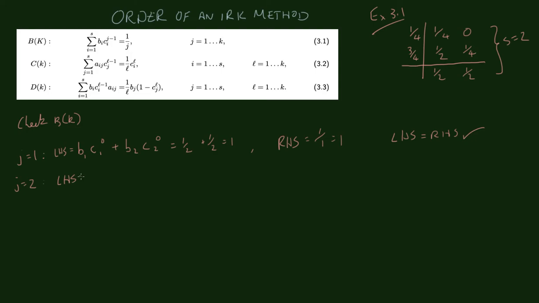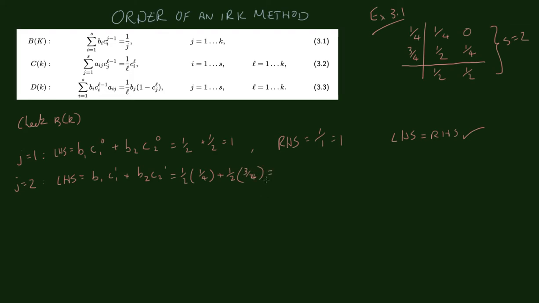So this time the power of the c values is incremented by 1, so we have b1 c1 to the power 1 plus b2 times c2 to the power 1. Okay, so we have 1/2, which is your b1, times 1/4 plus b2 times c2.